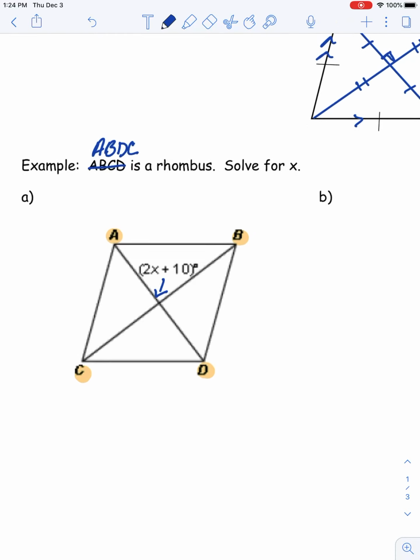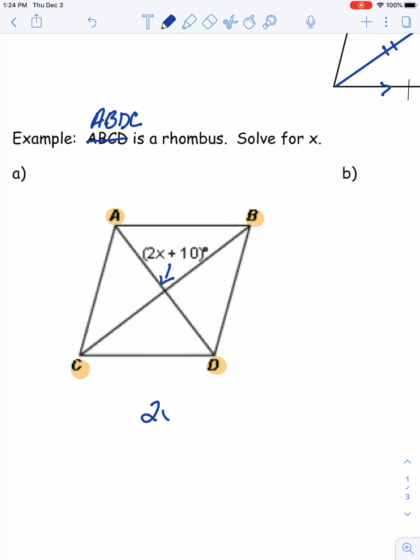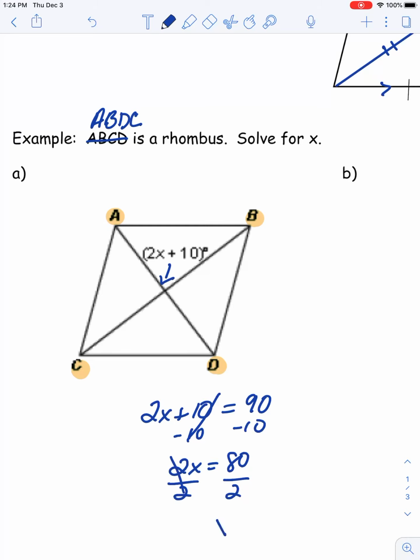So because they are perpendicular, I know that 2x plus 10 must equal 90 degrees. To solve for x, we subtract 10 from both sides to get 2x equals 80. Then you divide both sides by 2, and you get that x equals 40. The important thing here is knowing that the diagonals are perpendicular. It makes 4 right angles in there.